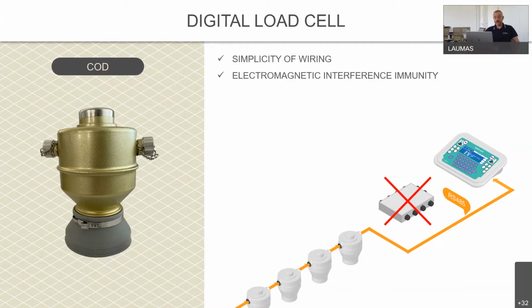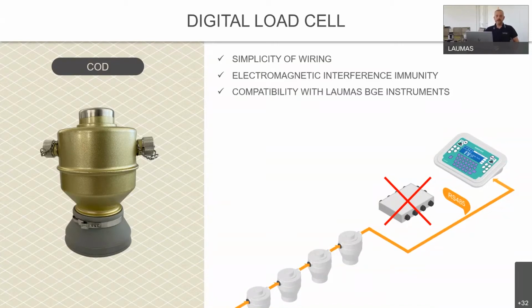Another strength of digital load cells is the safety and the stability of the signal, because the connection is via RS485, so it is immune to electromagnetic disturbances. These load cells are compatible with BGE weight indicators, and the communication protocol is protected with specific passwords.